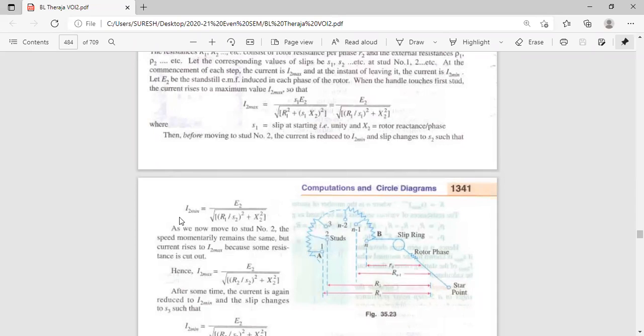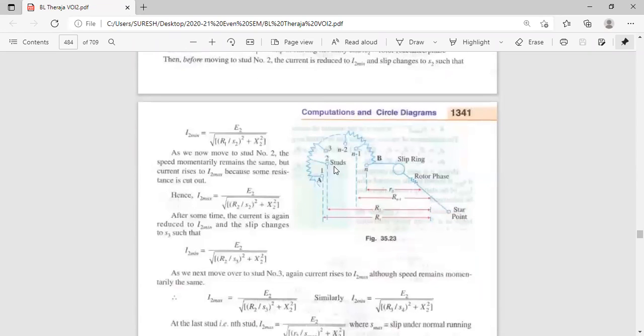When the contact is at stud number 1, the current at 2 is minimum. When it is at 2, the current is maximum. At 3, current is minimum. When the contact is at point 2, slip is S2 and resistance is R2, so the current is E2 by the square root of R2 by S2 whole square plus X2 square.